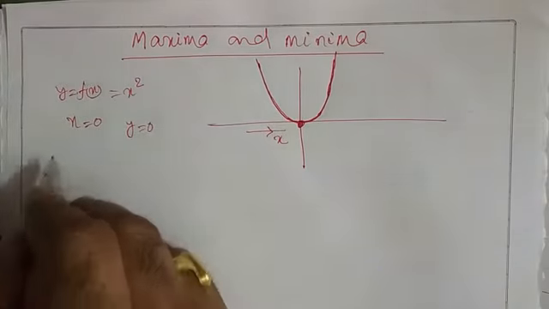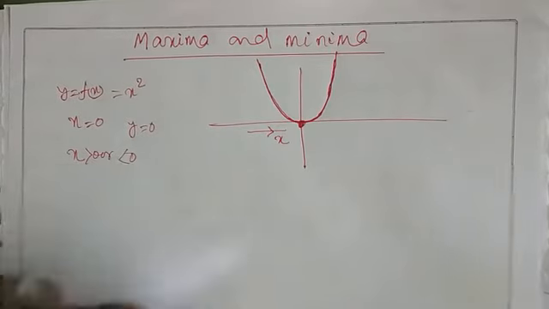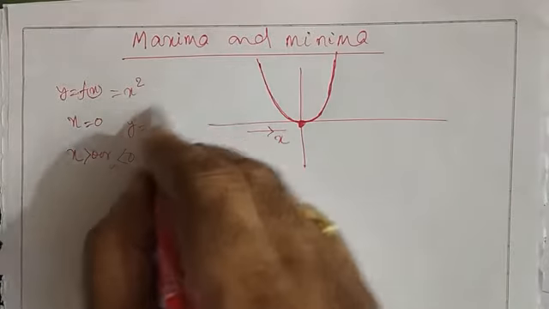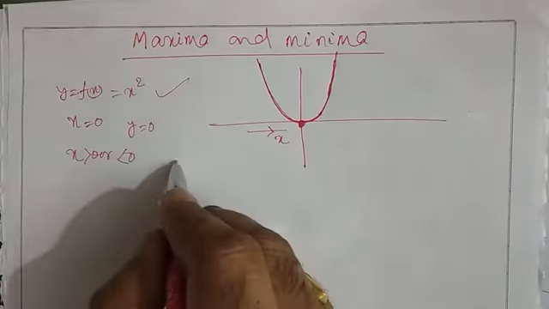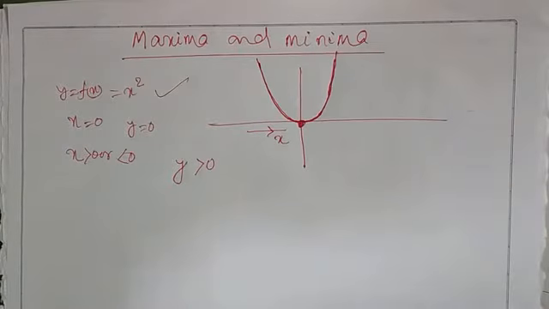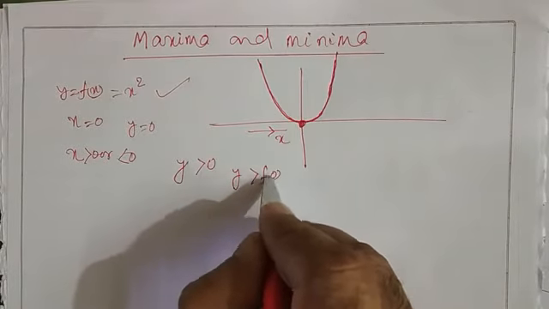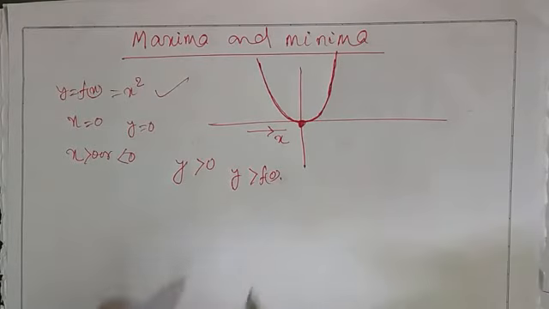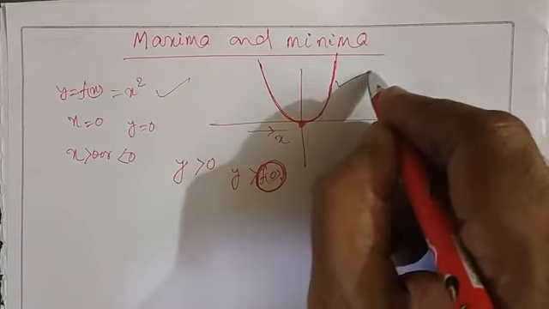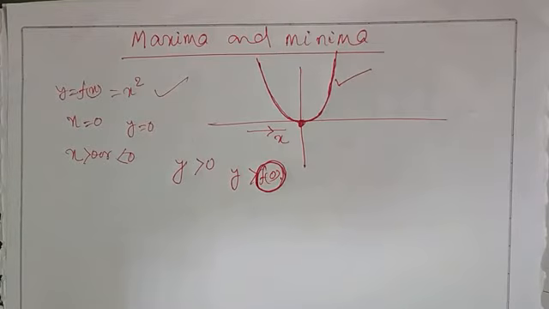And if I take any x either greater than 0 or less than 0, not equal to 0, in the domain of this function, I find y is greater than 0. Getting the idea? That is, y is greater than f of 0. Means f of 0 is the lowest value of this function, and that is the minimum value of the function.